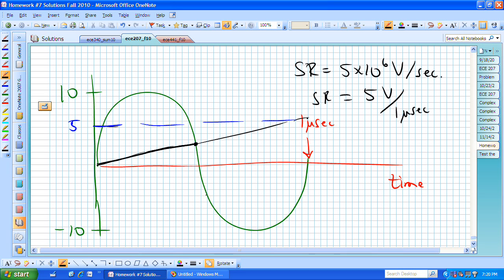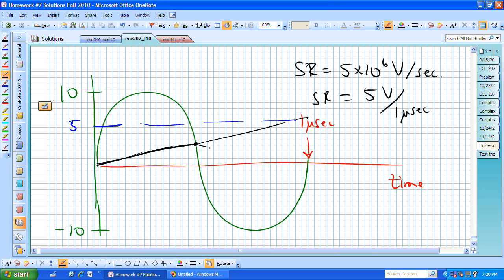Once it starts reversing direction, it heads back and starts moving with the green, but it can't keep up with the green. The green's going too fast. And now it tries to go down another 5 volts from that particular spot if we kept going in that direction.